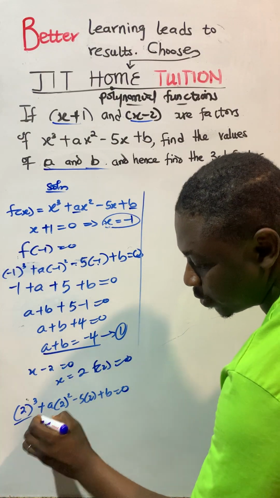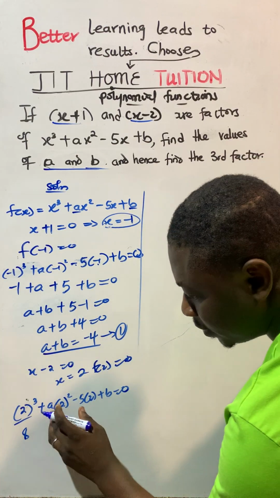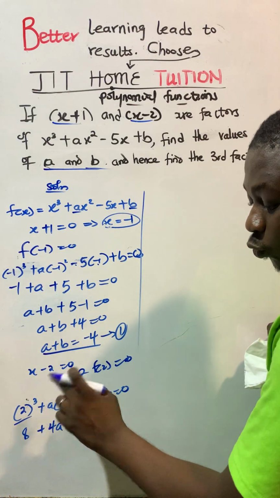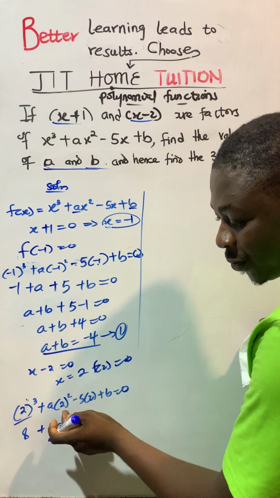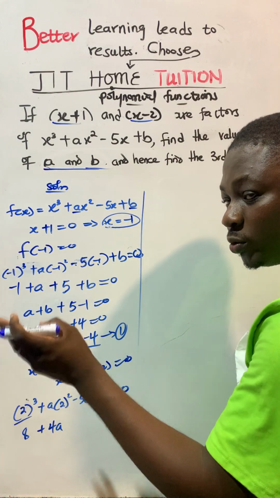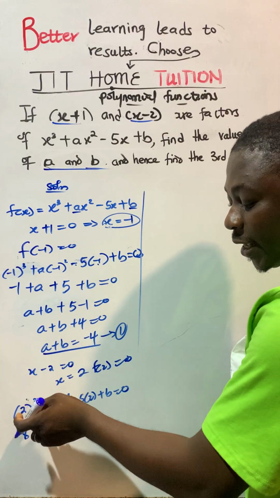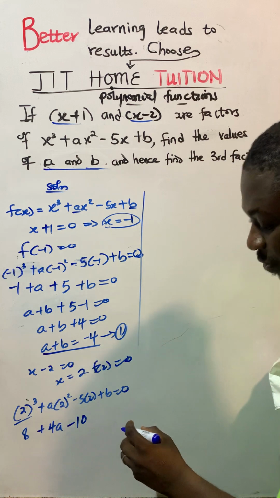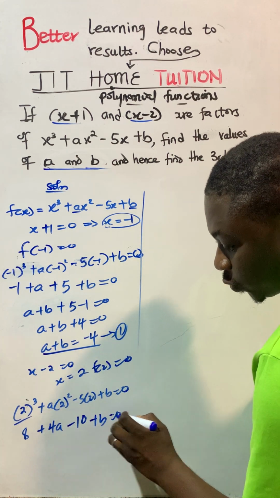Now this one will give you 8. This one will give you 4a, because 2 squared is 2 times 2, giving you 4 times the a, 4a. Here is 2 times 2 times 2, 2 times 2 is 4, times 2, that is 8, okay? And this side will give you -10 plus b equal to 0.